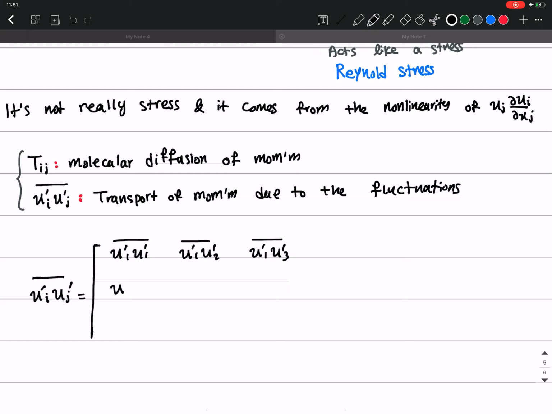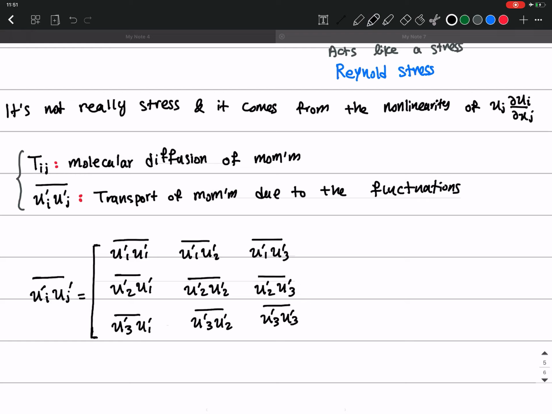The second row is u prime 2 u prime 1, u prime 2 u prime 2, u prime 2 u prime 3, and the last row is u prime 3 u prime 1, u prime 3 u prime 2, and u prime 3 u prime 3.